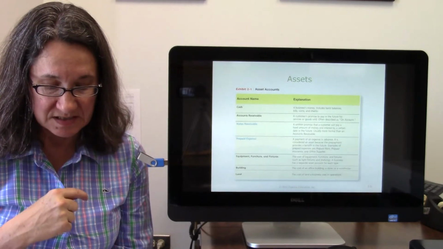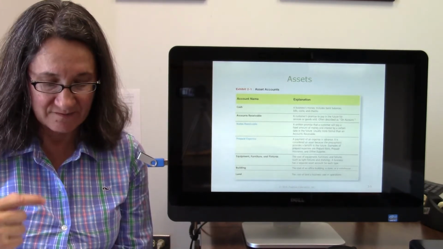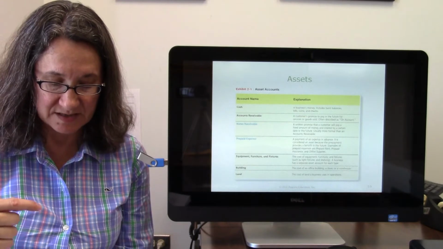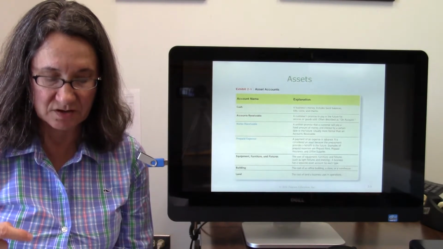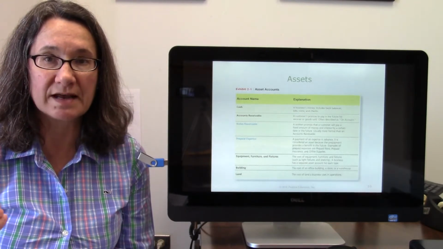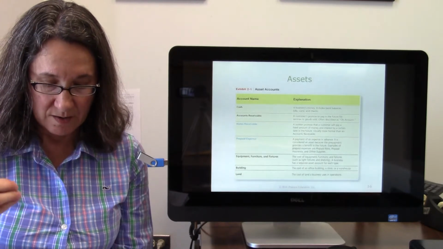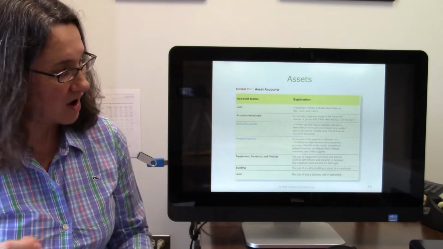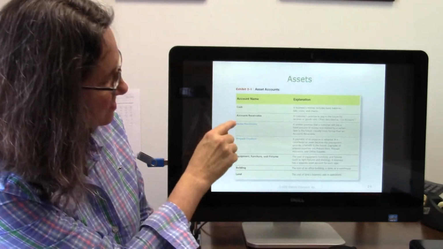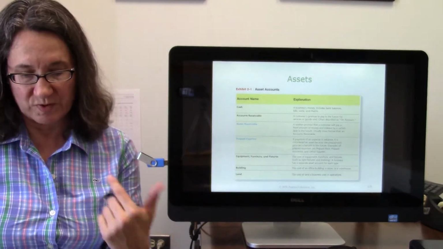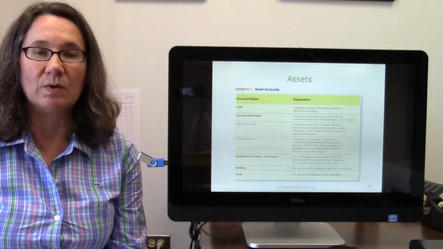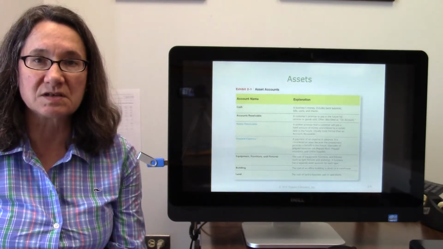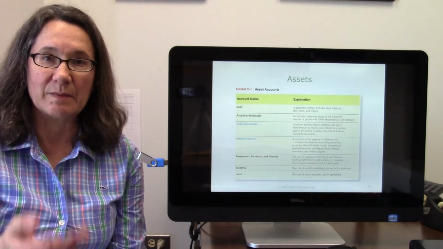Prepaid expenses are expenses paid in advance that are expected to benefit the business in the future. Examples of prepaid expenses are prepaid rent, prepaid insurance, and office supplies. So these are some new kinds of assets. So note receivable, just like it sounds, somebody owes the company a note and they'll pay that back.